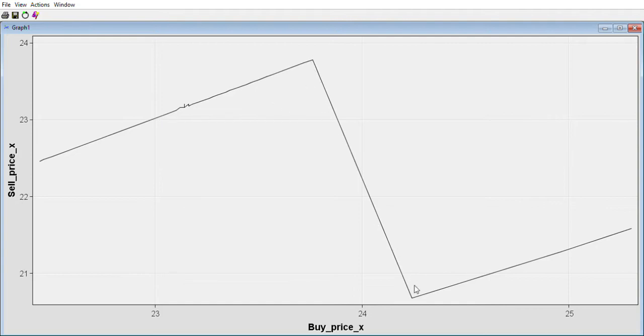And with the negative slope over here, you can see that the selling price is high, close to say 23, 23 and a half, 23.76. At that point the sell price is 23.78 and the buy price is 23.76.